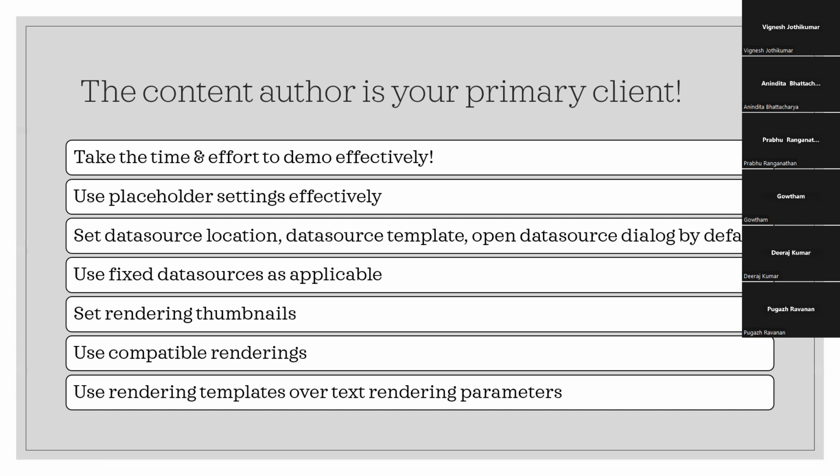So in case it does need a data source mandatorily, it's a good thing to make sure that the dialog box opens up, nudging the client that they need to do it. So it reduces the clicks also. I know that once they add it and see it's not rendering on the page, the next step would be to go and see what data source they need to add. But giving a nudge before obviously makes the experience better.